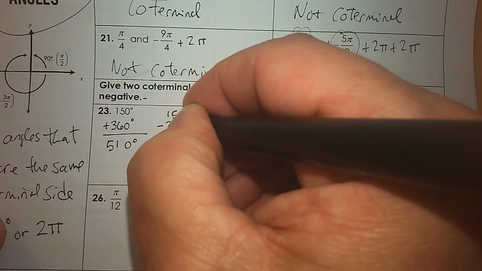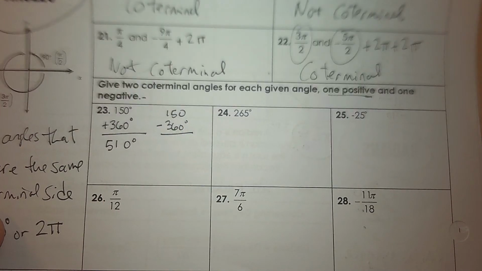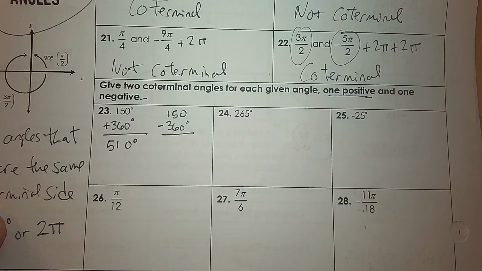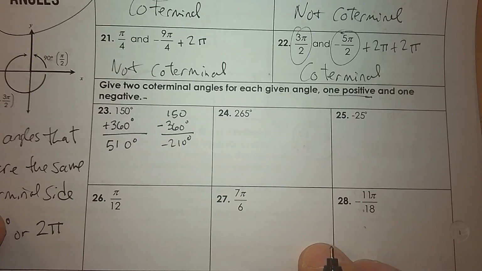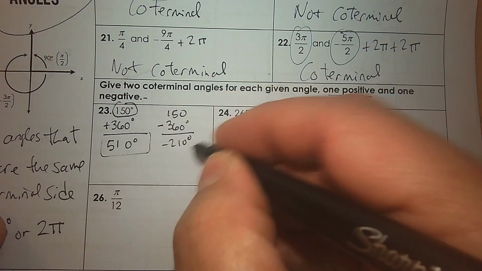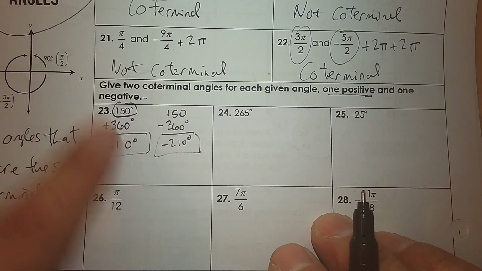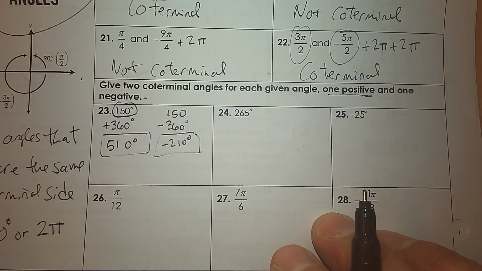Instead, I'm going to subtract. Again, I'm allowing you to use your calculator. 150 is coterminal to both. If you would draw these angles, they'd look exactly the same until you measured them.